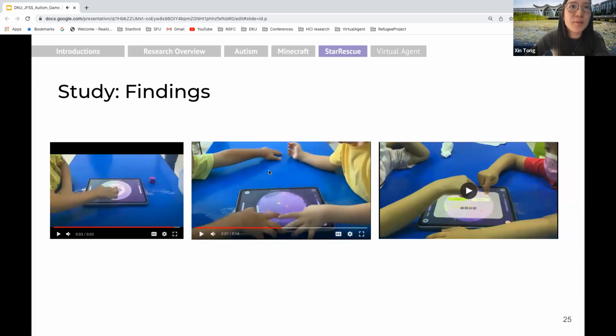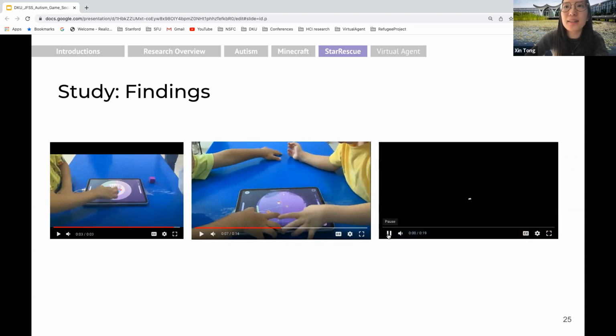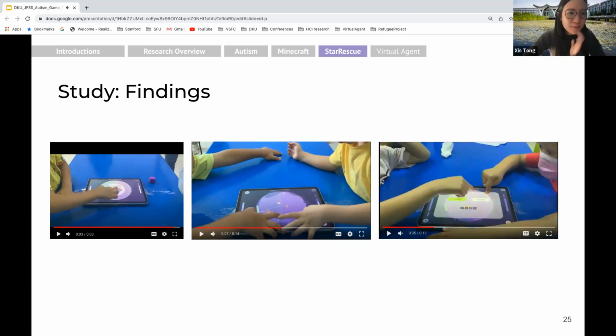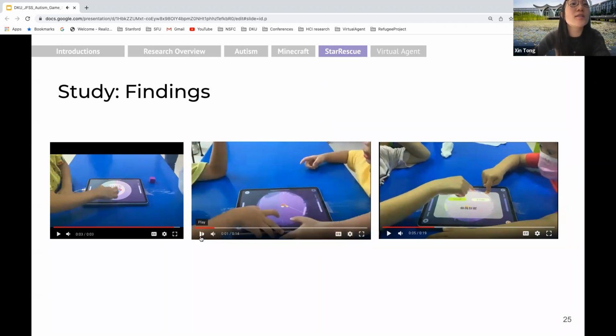See that this child is trying to be dominant in the gameplay and doesn't let the other kid play. And this is some other unexpected moments where unexpected issues happen. One of the children was trying to quit the game and doesn't want to play. So all kinds of things occurred during the playtest. Sorry about this.